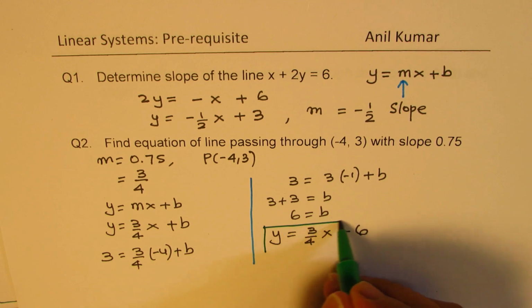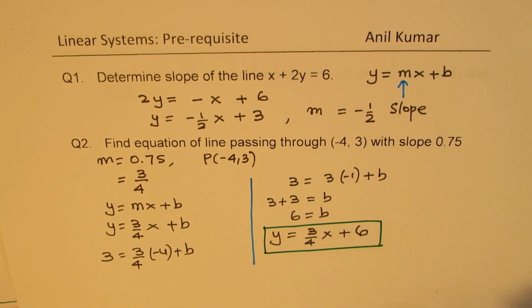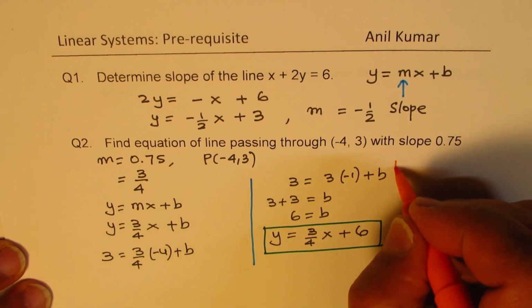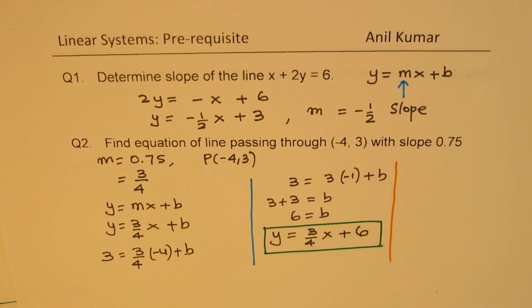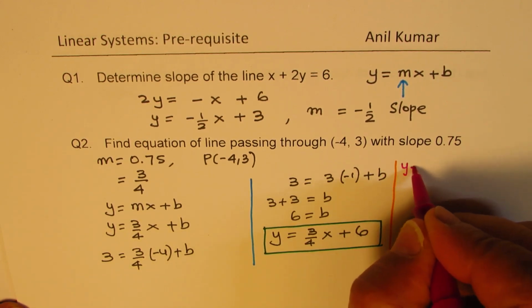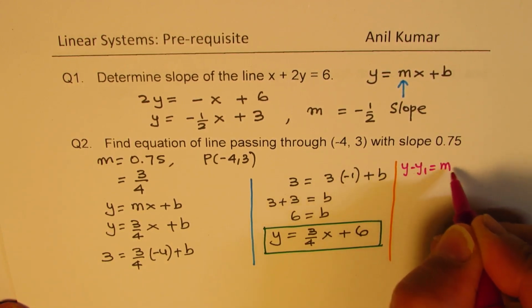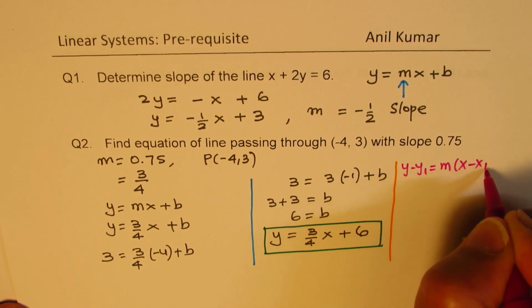Some of you could also use the other form of the equation to get the solution of this question. The other form of the equation is, let's use different ink, y minus y1 equals m times x minus x1.